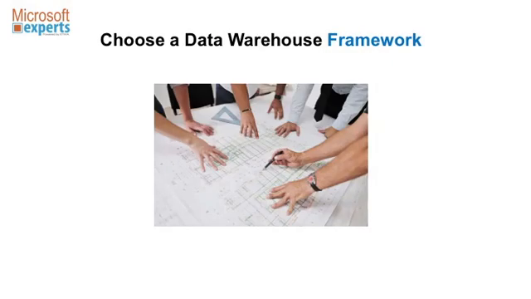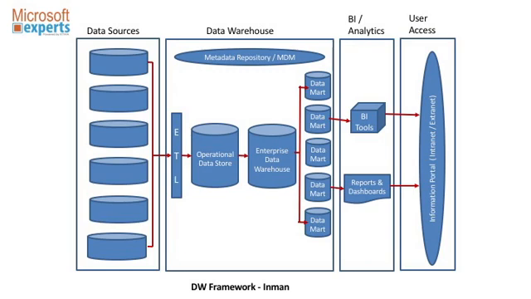So the first idea is that we choose from a data warehouse framework, and traditional data warehousing has two primary frameworks that have been around a long time. There's a gentleman named Bill Inmon who introduced the first one I'm going to show you here. I'm not going to go into a lot of detail, but if you look in the middle, you extract your data, that's the ETL portion we mentioned earlier, into a staging area of operational data that represents the source data pretty closely.